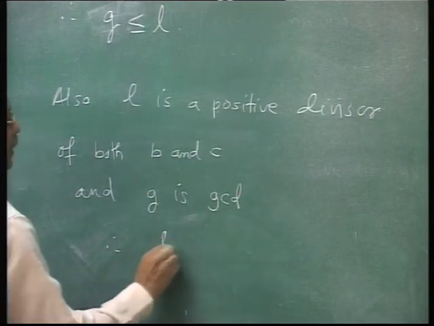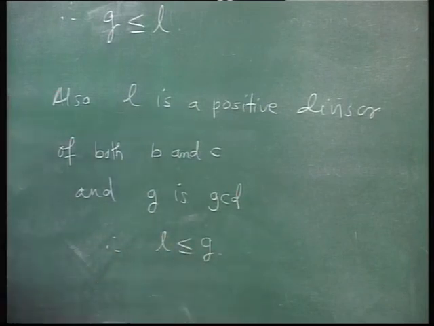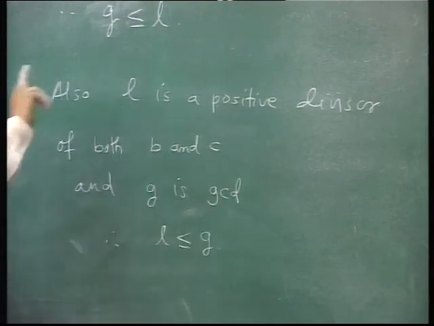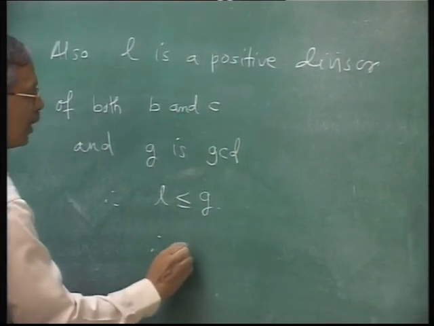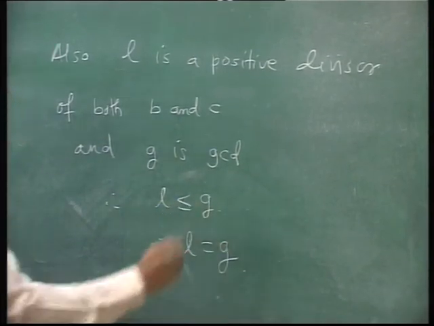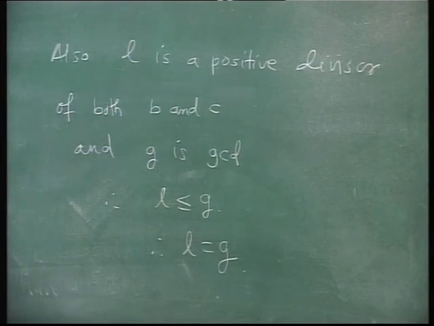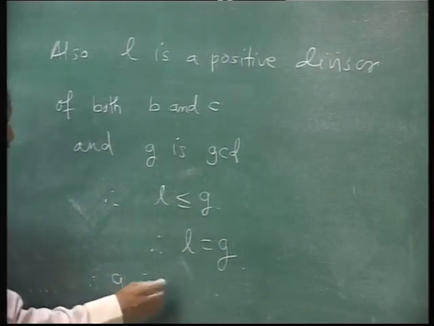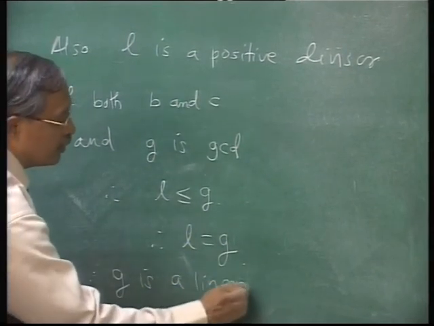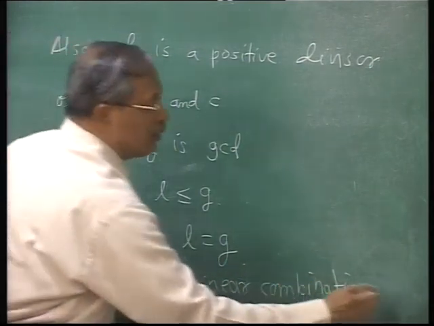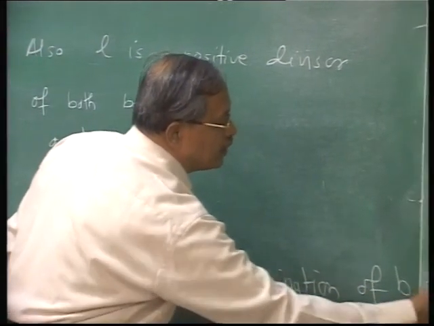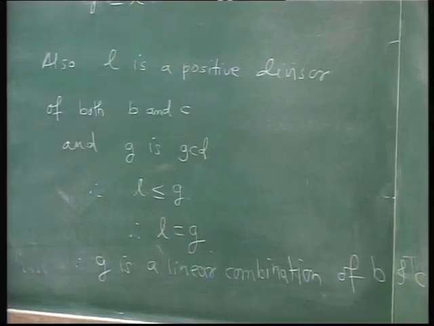Therefore, L is less than or equal to G. So, G less than or equal to L less than or equal to G, therefore, L is equal to G. And L is already a combination of the given numbers B and C. Therefore, G is a linear combination of B and C with integer coefficients. That's what we wanted.